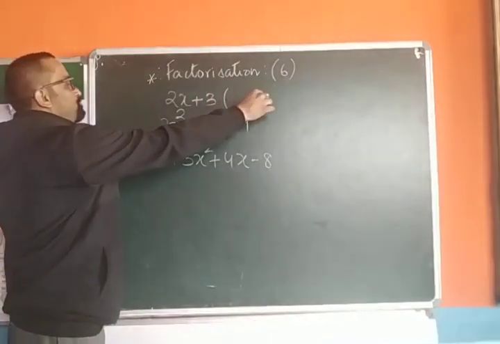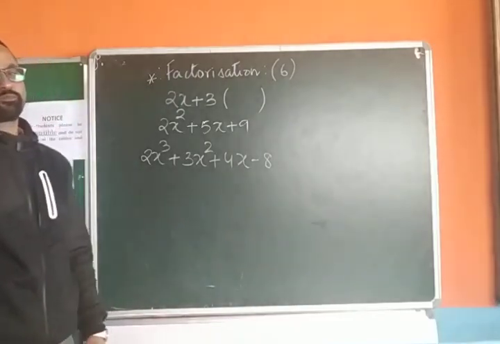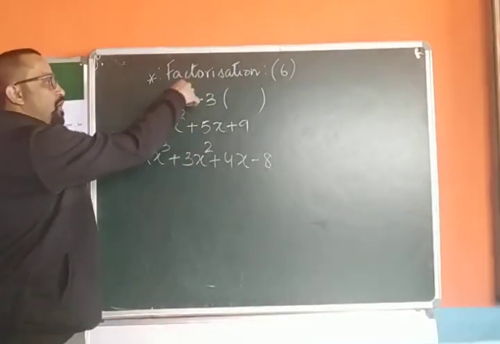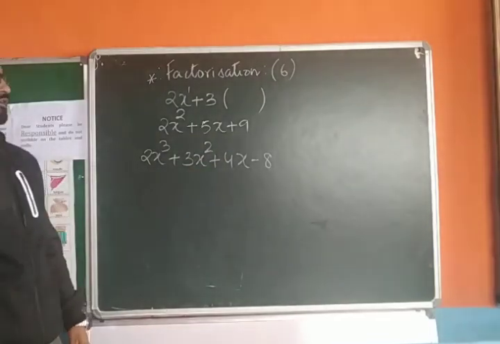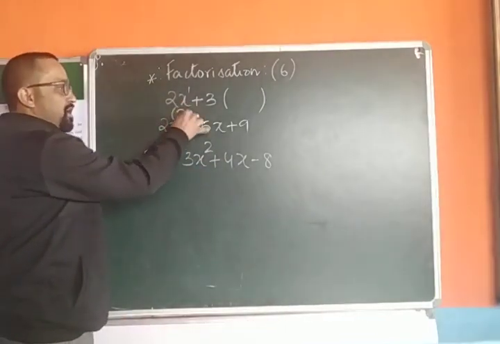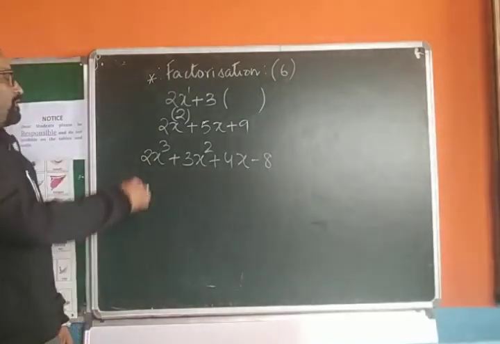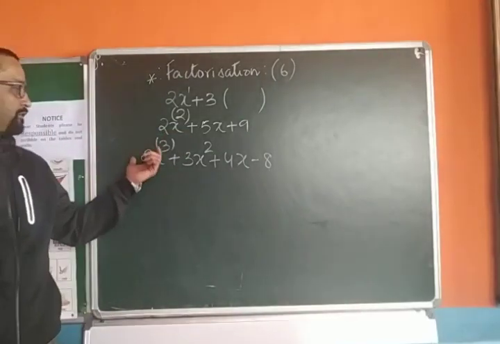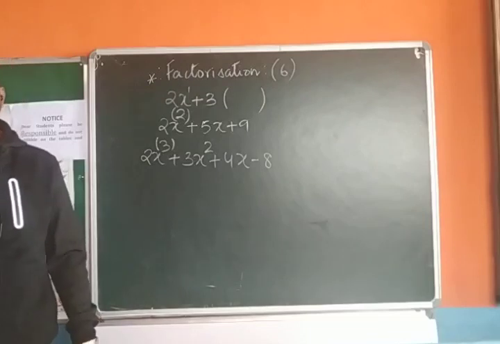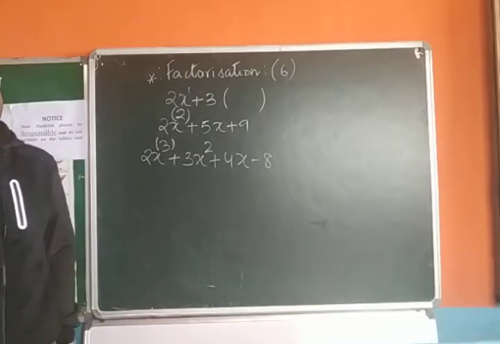The first one is polynomial of 1 degree because it has power of 1. Second one is called polynomial of second degree because it has power of 2. Third one is polynomial of third degree because it has power of 3.